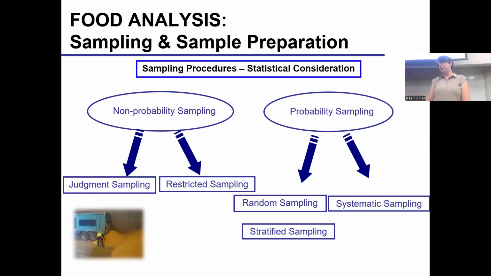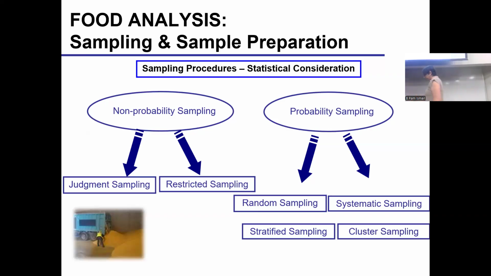That's one example. Another example, you have one company, but you have two shifts. The day shift produces a certain amount of sample, and let's say the night shift produces another amount of sample. So you will have two, each would be one strata. Then you would take random samples from each shift. That's called stratified sampling.